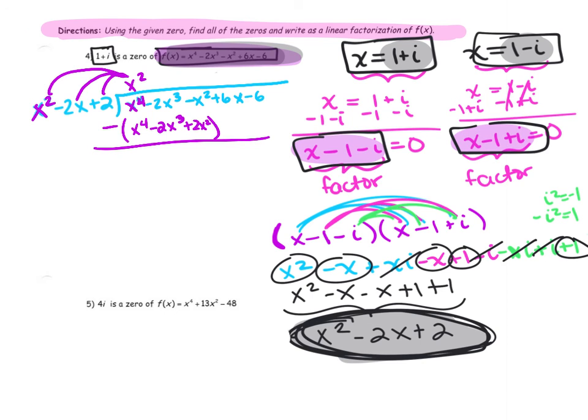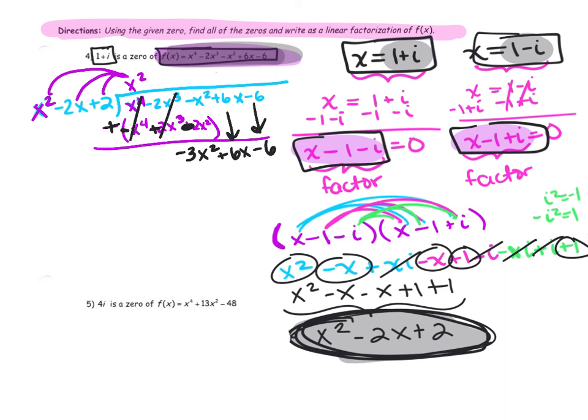We're going to distribute the negative, gone, gone. Oh, that's nice. And I have negative 3x squared. Bring down my remaining two terms.